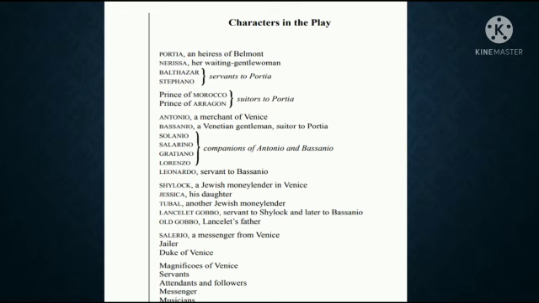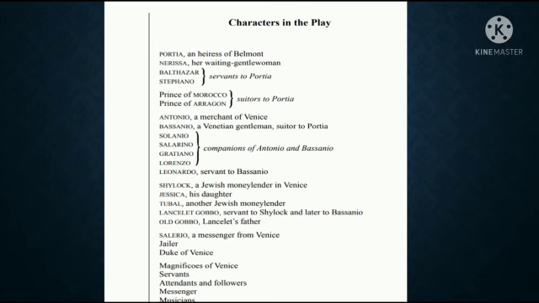So Portia is an heiress of Belmont. Nerissa is her waiting gentlewoman. Balthasar and Stefano are the servants to Portia. Prince of Morocco and Prince of Aragon are the suitors to Portia.